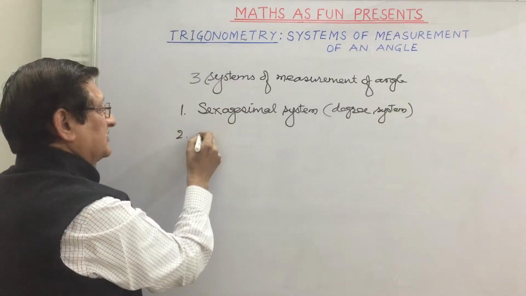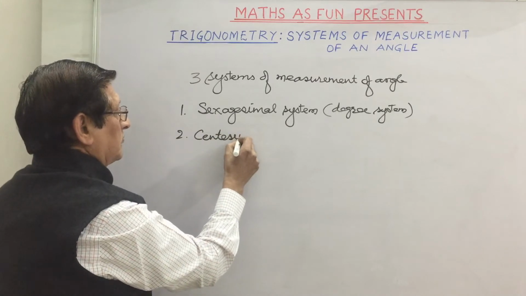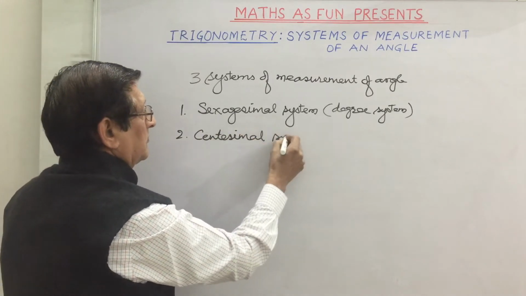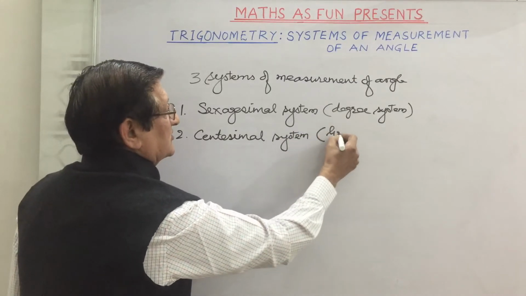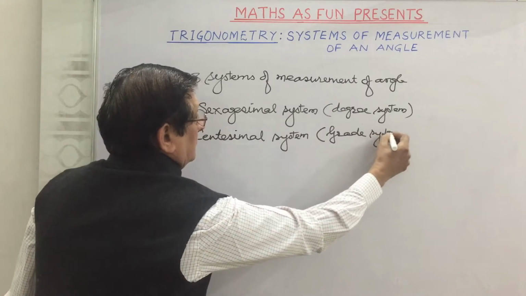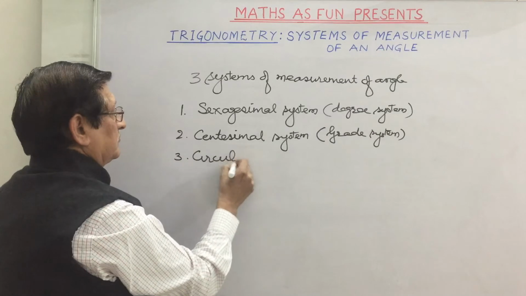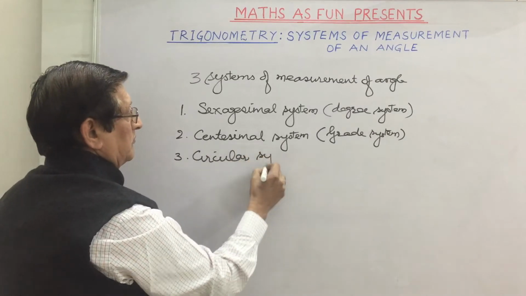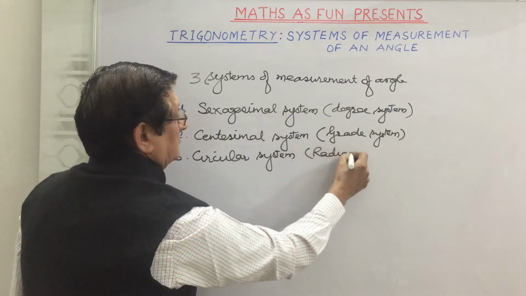Second one is centesimal system, which is also known as grade system. And the third one is circular system. We also call it radian system.